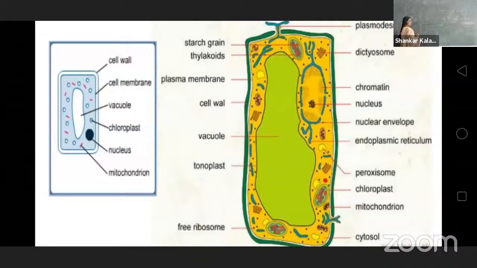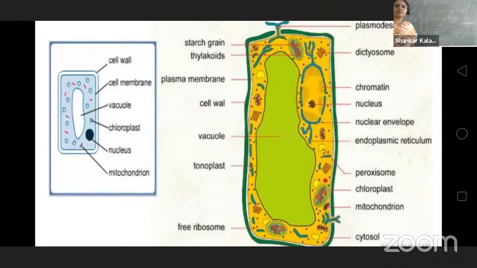Here many parts are there, students. Chloroplast, you can observe in the picture. Cell wall, cell membrane, nucleus, chloroplast, vacuole, and mitochondria. These points we have to discuss in the plant cell.